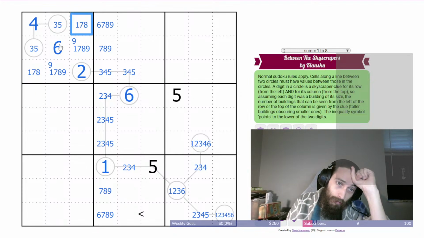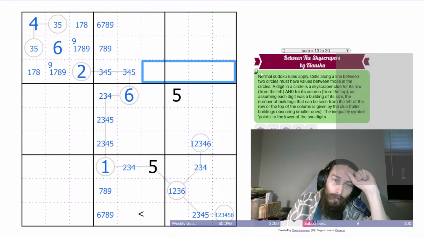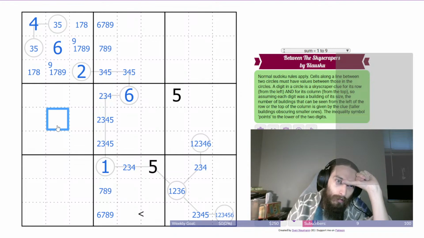And then an 8 would be fine in those positions too, because the only thing that's seen after an 8 is a 9, so an 8's not a problem at all. As long as it doesn't go 7, 8. This is the only problem. If we put an 8 in one of these corners, we found the 3.